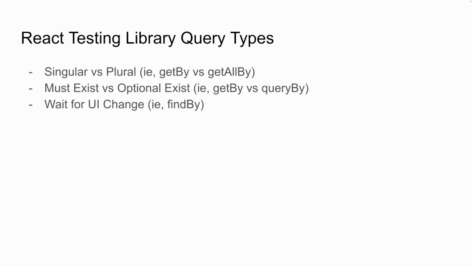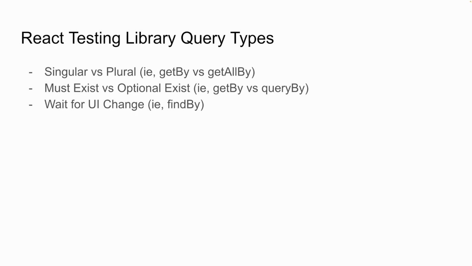So the first type distinction you have to be aware of is singular versus plural. Meaning, do you expect to find one element that matches that selector, or multiple elements that match that selector? By the same token, do you expect that element to absolutely always exist? Or is it optional? Is it just possible the element could exist?